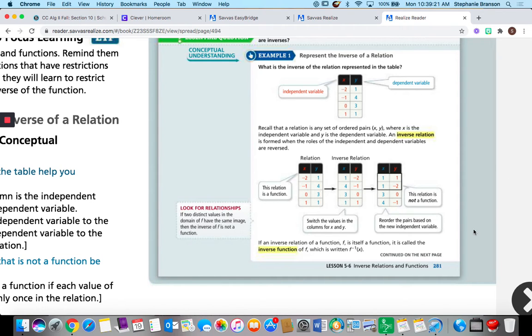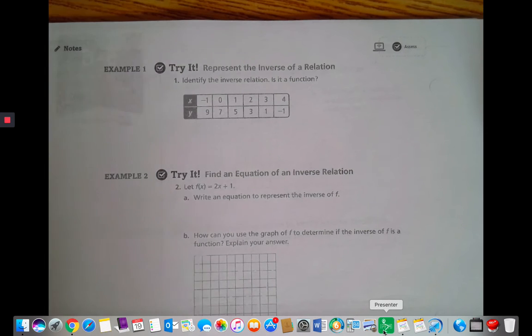And then they talk about whether or not it's a function. Remember, if it has the same x value twice, it is not a function. So, for our sake here, identify the inverse relation and is it a function?